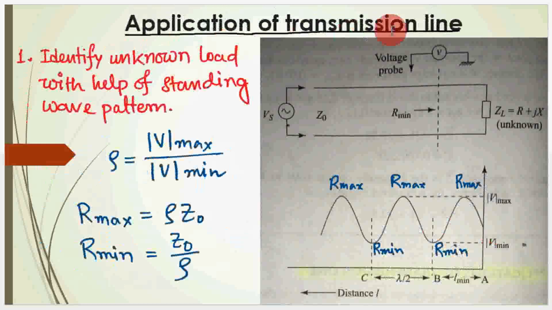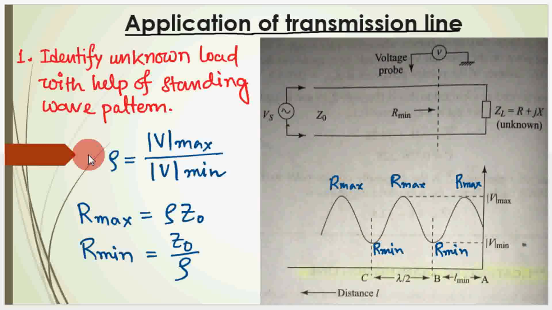Now the application of the transmission line is to identify an unknown load with the help of the standing wave pattern. So you can get this standing wave pattern in the CRO by the experimental kit. So we have seen that for different types of load this pattern will be different, and the locations of the maxima and minima will be different for different types of load. So you can calculate this rho from Vmax and Vmin.